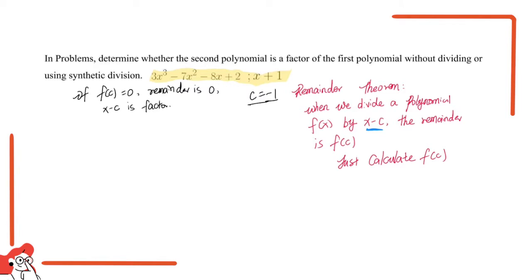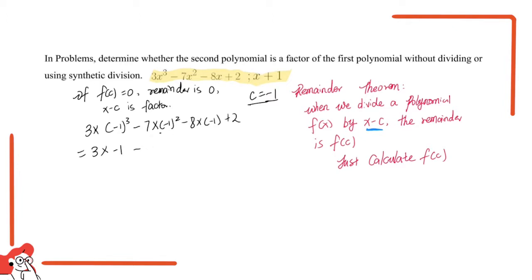We will get 3 times -1 cubed minus 7 times -1 squared minus 8 times -1 plus 2. We would get 3 times -1 cubed is equal to -3.